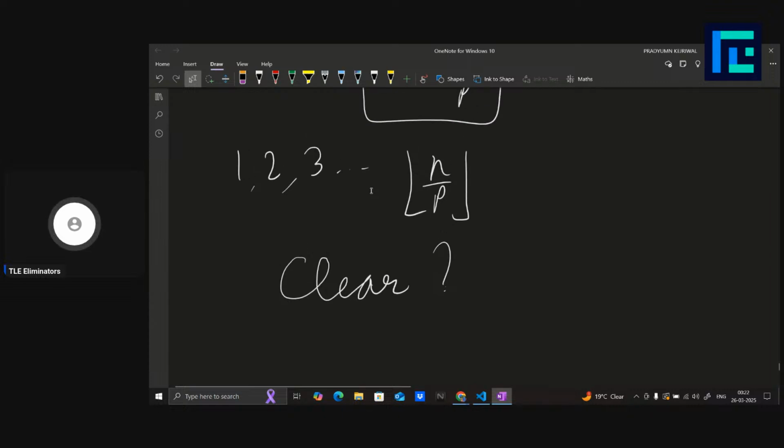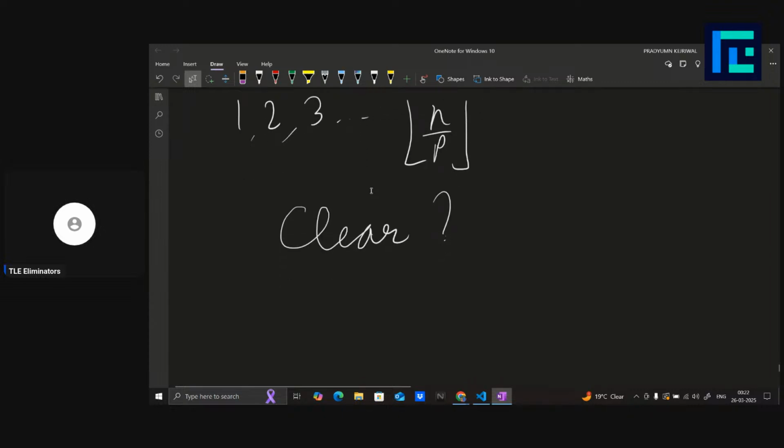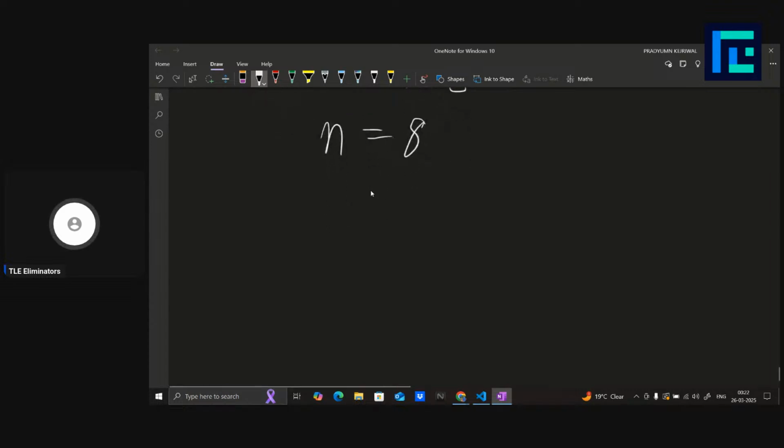So now essentially the problem boils down to, we have to basically iterate over all the primes and add the sum of n by p, right? Like let's say n equals 8. So if we want to solve for n equal to 8, a comma ap pairs where ap is less than or equal to n, right?